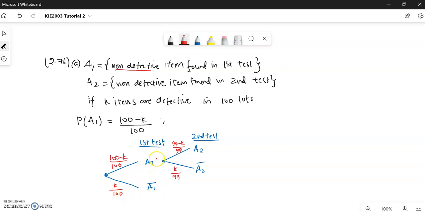If you pass the test, if you obtain A1, then you can proceed with the second test. But if you find a defective item on your first test, then you stop the test completely.